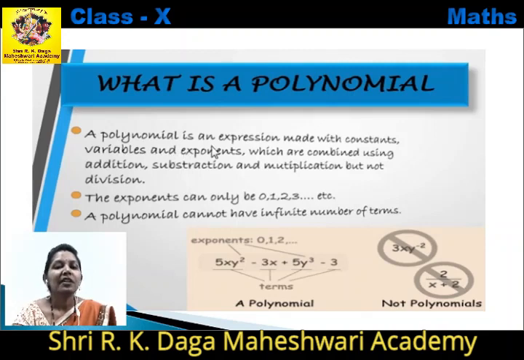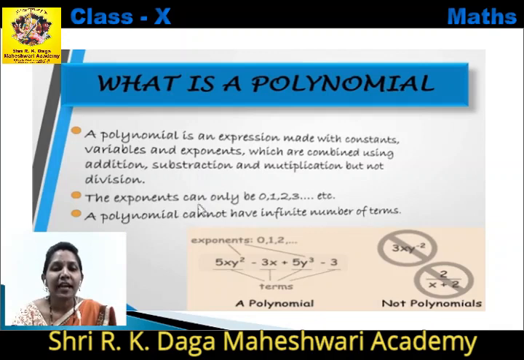A polynomial is an expression made with constants, variables and exponents which are combined using addition, subtraction and multiplication but not division. That is, it is an expression with constants and variables having exponents, combined with mathematical operations such as addition, subtraction and multiplication but not division.